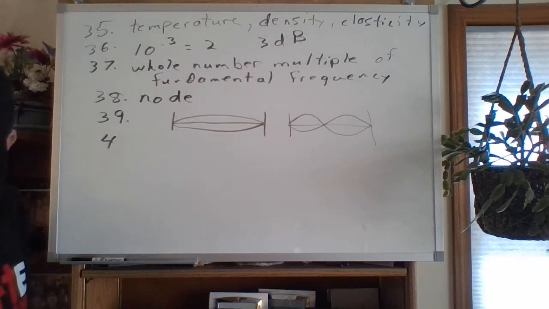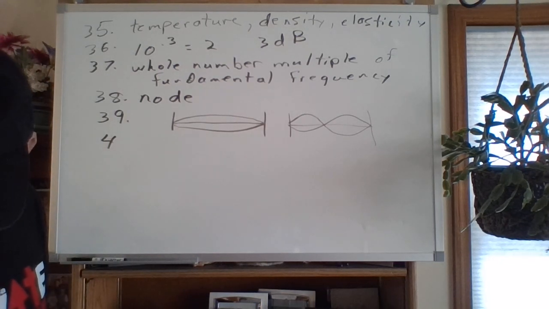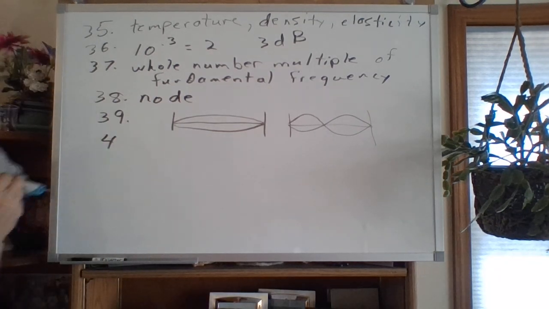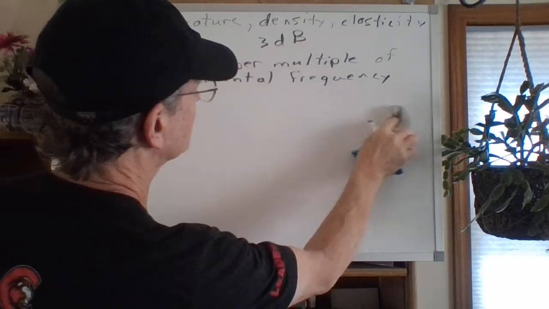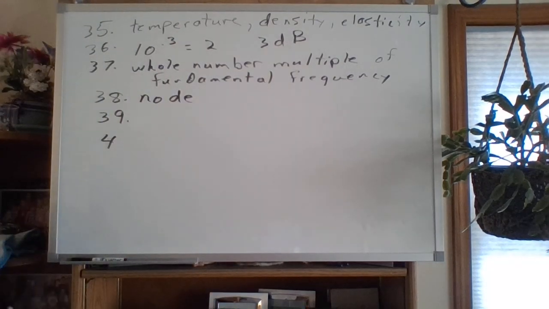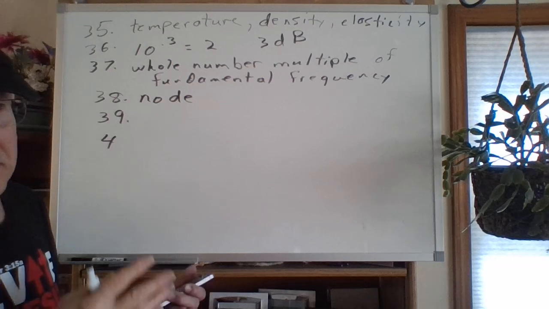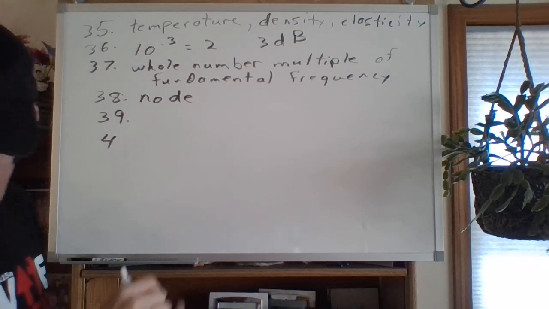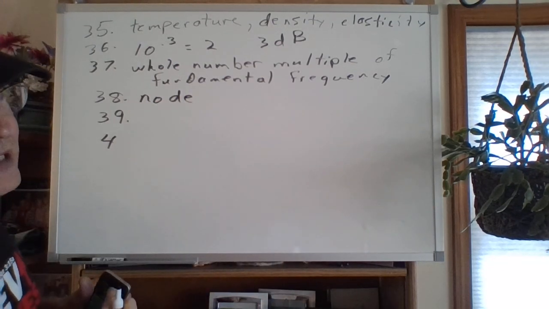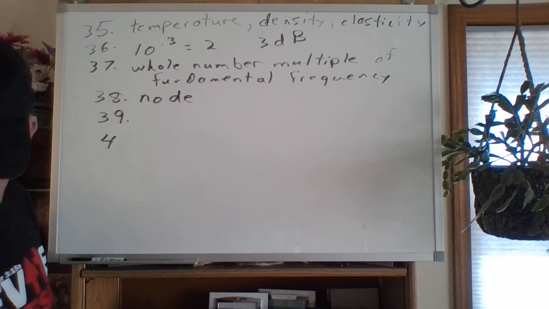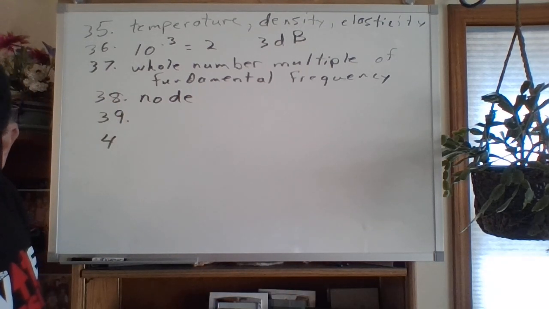So 39. What did I get off? If you thought outdoor worship was too loud and decided to move 10 times further away, how much less? Outside, you don't get reflections off the walls, and the sound spreads out isotropically in all directions equally.